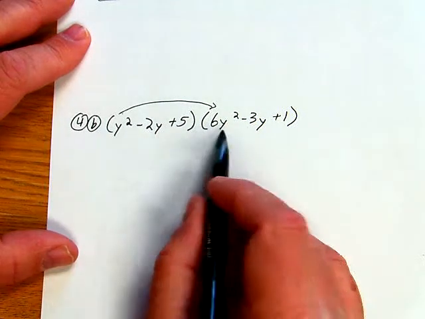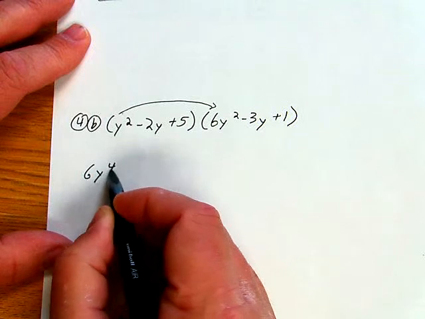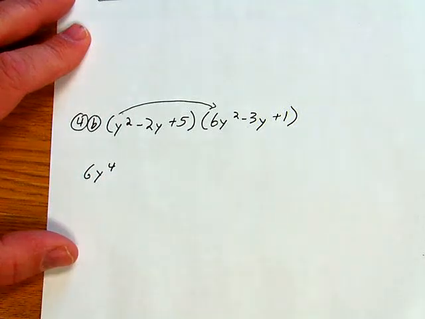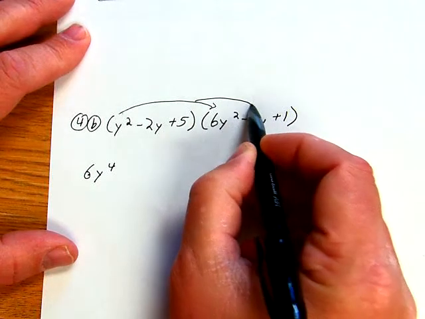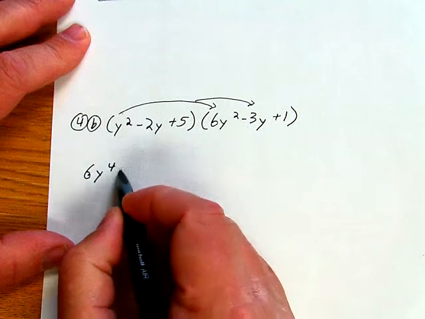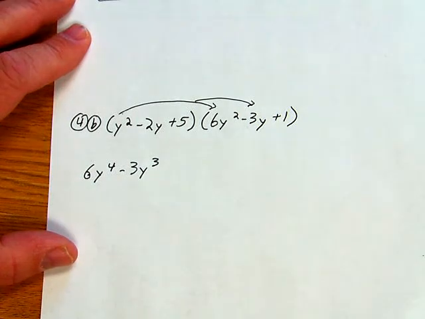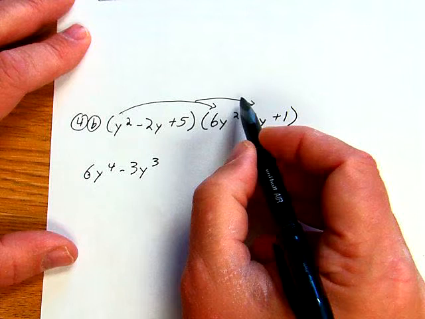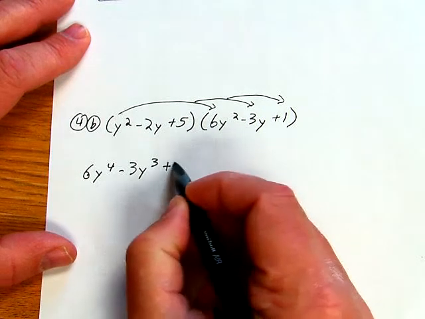Y squared times 6y squared gives me 6y to the 4th. Now, I carry that on to this one, and I get y squared times negative 3y gives me negative 3y to the 3rd. And then I carry it on to the last one. Y squared times 1 is just y squared.